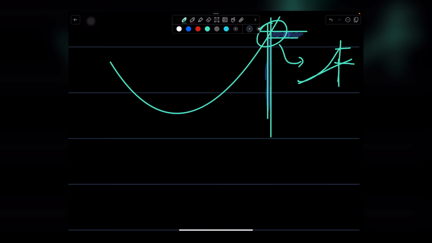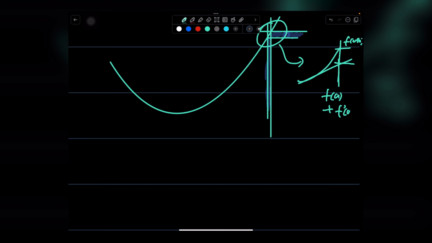This is the error between f(a plus h) and f(a) plus the derivative times h.